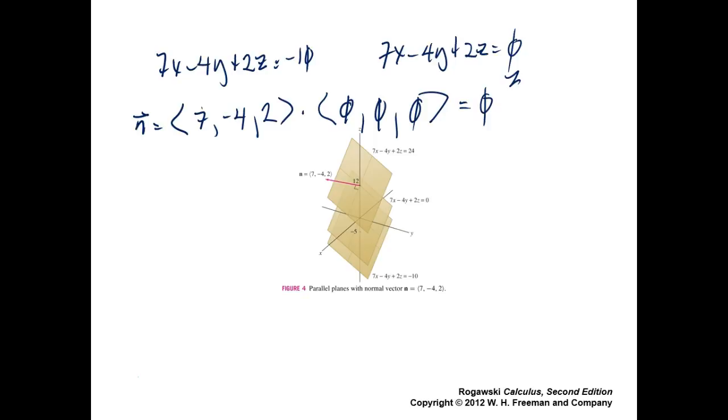Now, find the equation of the plane parallel to P that passes through Q. Q is a point now, and this point Q is (2, -1, 3). Find the equation of the plane that passes through that point.